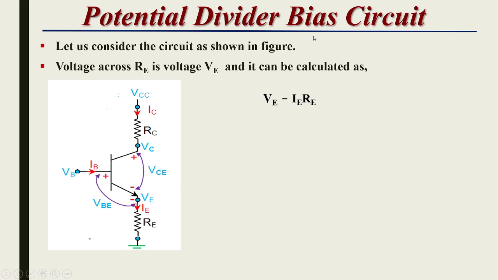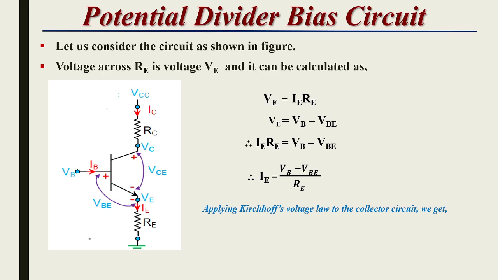Similarly, we can also represent VE as the difference between two voltages, VB minus VBE. So after equating these two equations, we get IE RE equal to VB minus VBE. So we can calculate IE as (VB minus VBE) upon RE.